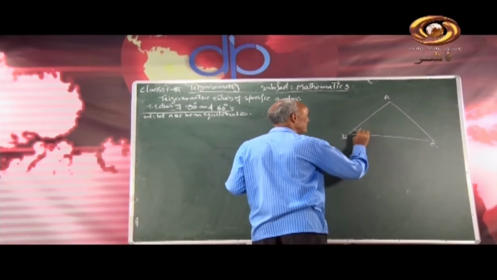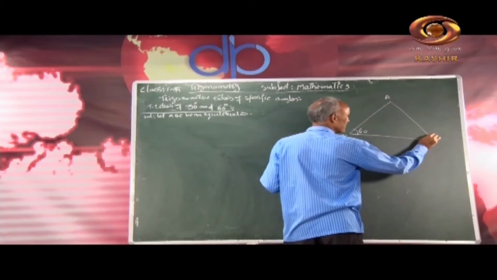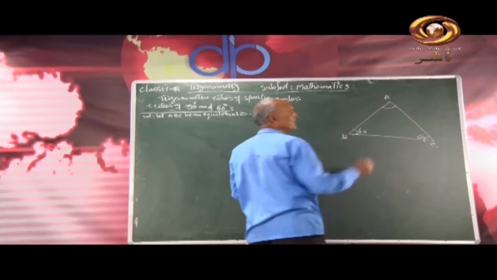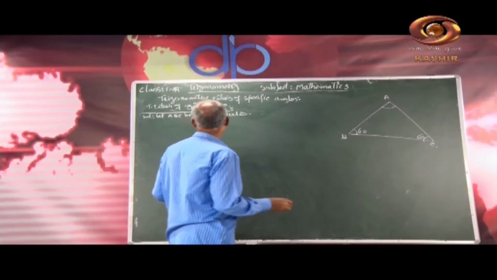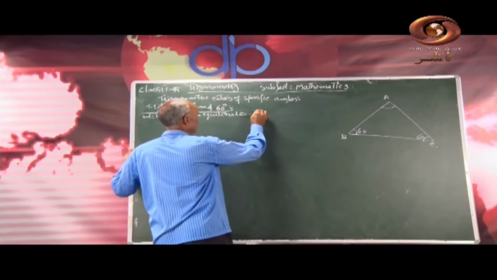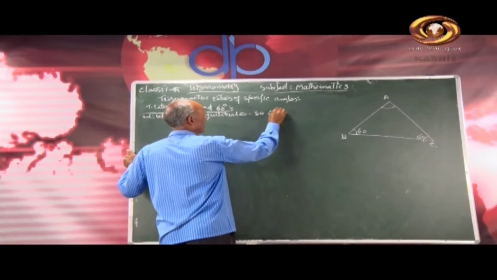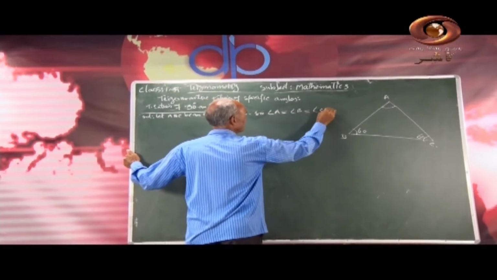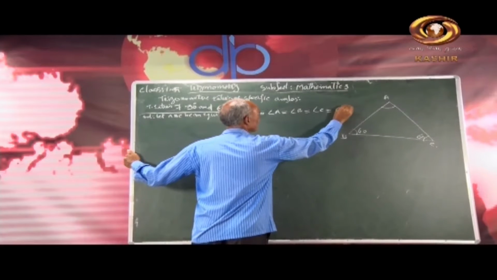So angle B will be 60 degree, angle C will be 60 degree, and angle A will be 60 degree. So angle A is equal to angle B is equal to angle C is equal to 60 degree.